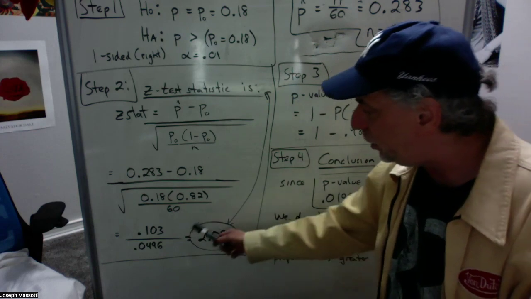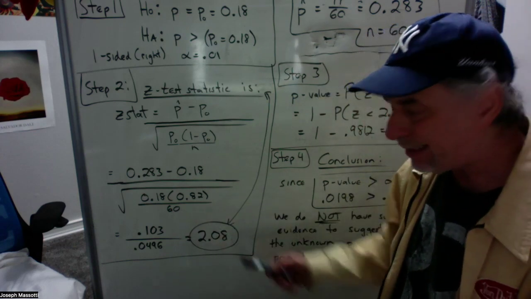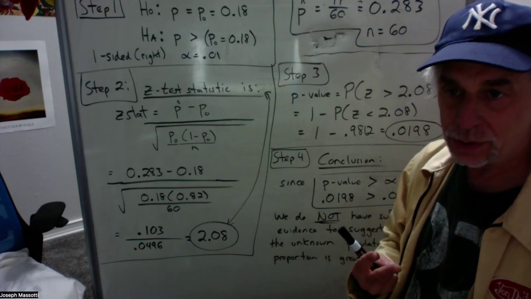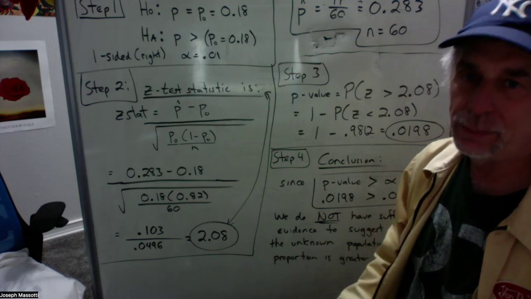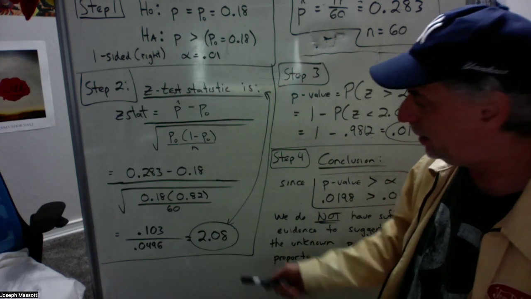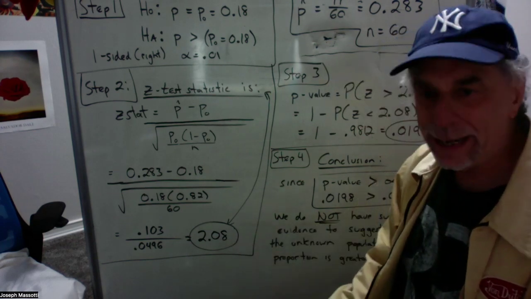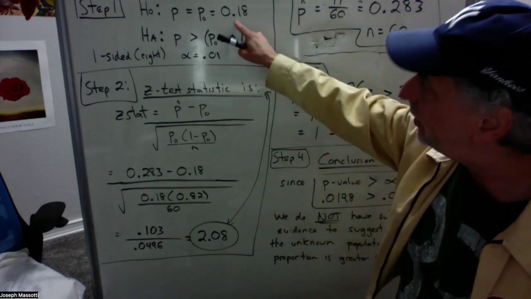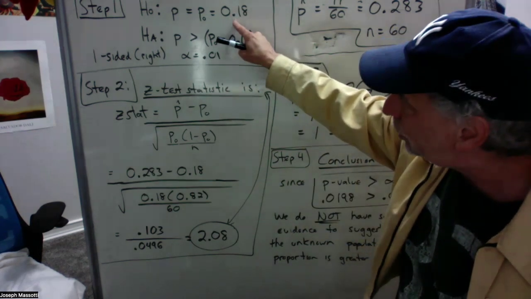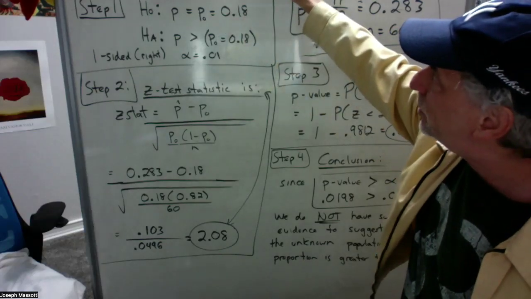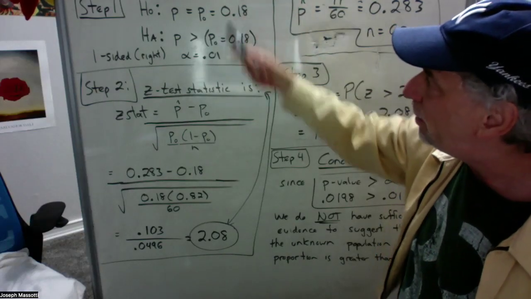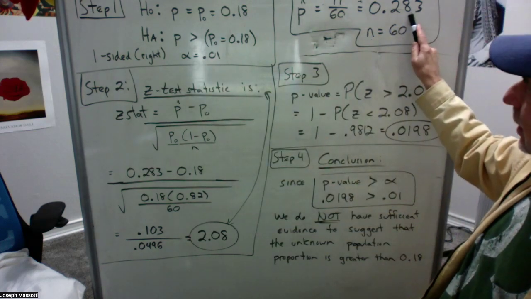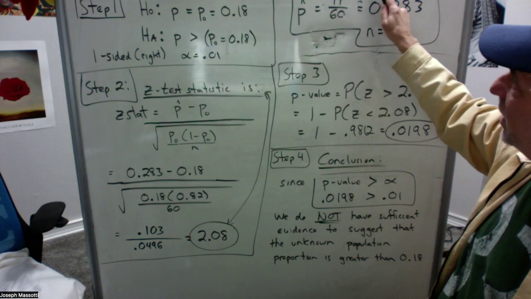You take that ratio and you come up with your z-test statistic, always rounding to 2 decimals and rounding correctly. Please round correctly. You get 2.08. And remember what that says. Again, if the null hypothesis is true, then when we take samples of 60 from that population, we are going to get a value this far away from our hypothesized value.